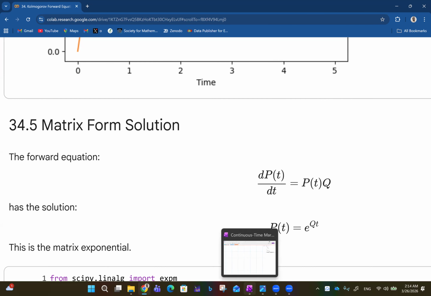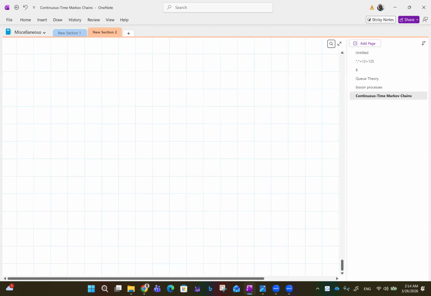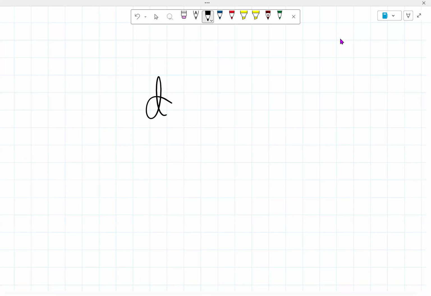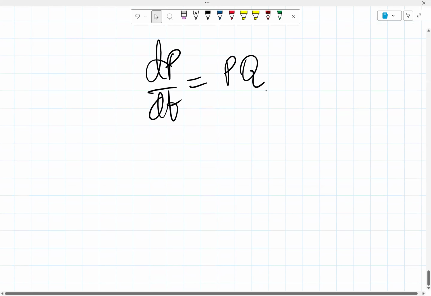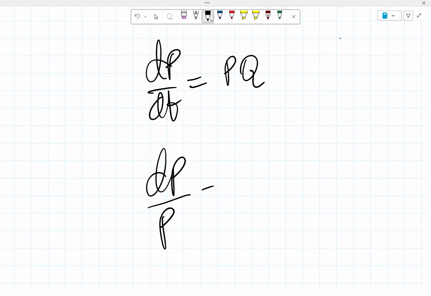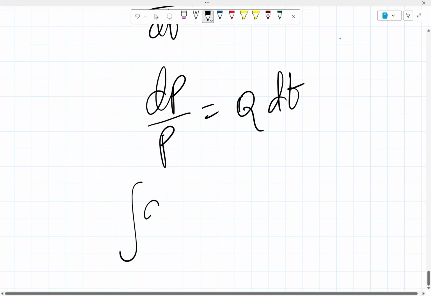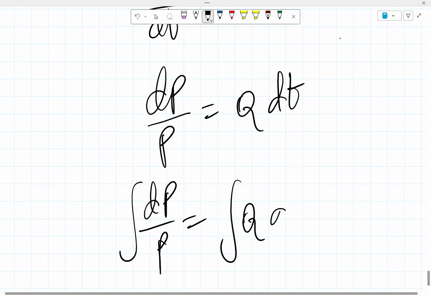The Kolmogorov forward equation itself is this, that dP/dt equals PQ. To solve for P now, you can do separation of variables. So dP over P is equal to Q dt. If you integrate both sides, the integral of dP over P equals the integral of Q dt.